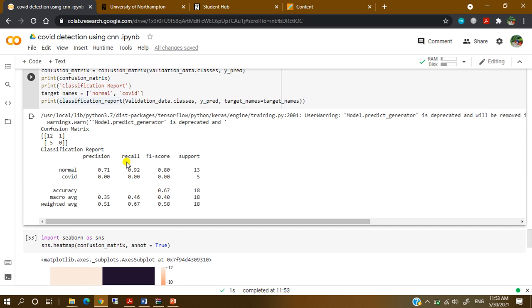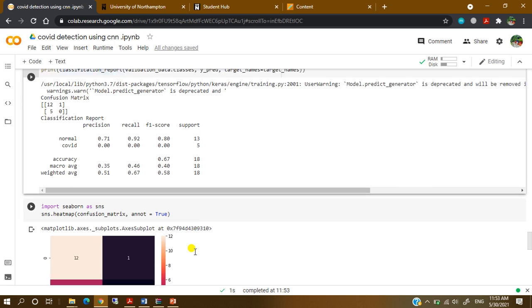I have given 18 images. We got a recall of 92 percent and an F1 of 80 percent.